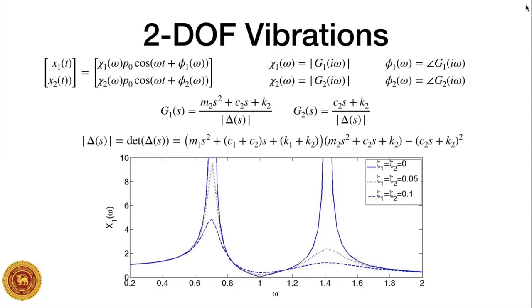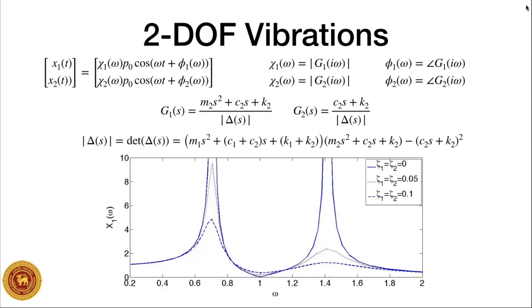And when the damping is small, the amplitude magnification will not be infinite, but some finite value. And the resonance frequencies will be close to the undamped resonance frequencies, but not exactly equal to them. So that is basically what we see over here.